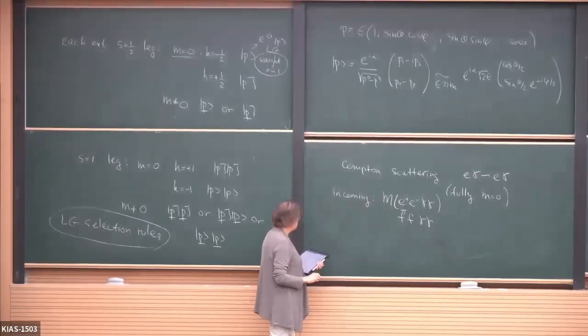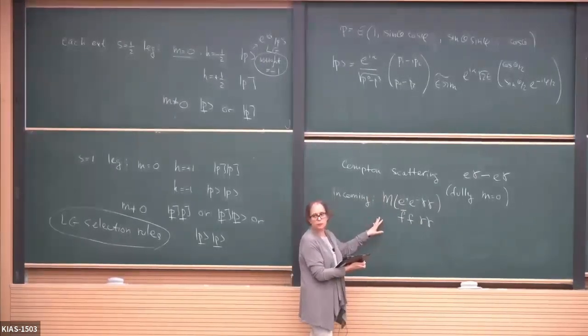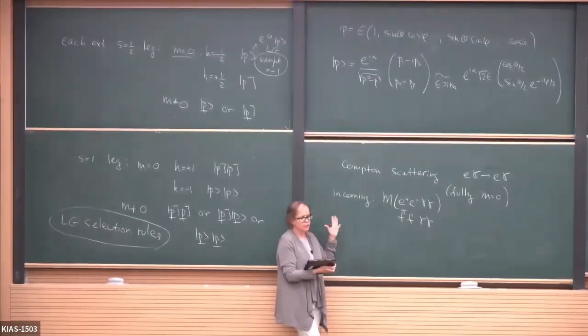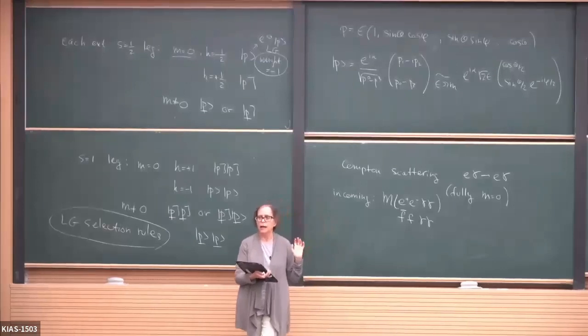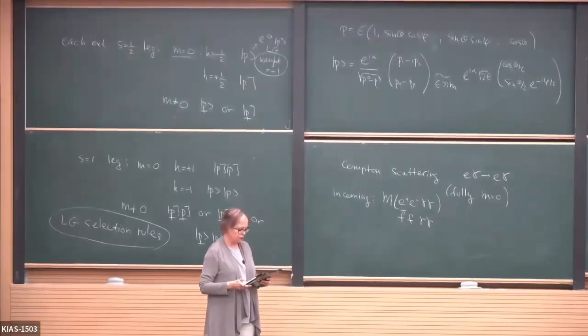What you want to do is write down the Feynman diagrams that contribute to this, and just look at them, and you can see very quickly that some of them vanish and only certain things contribute.